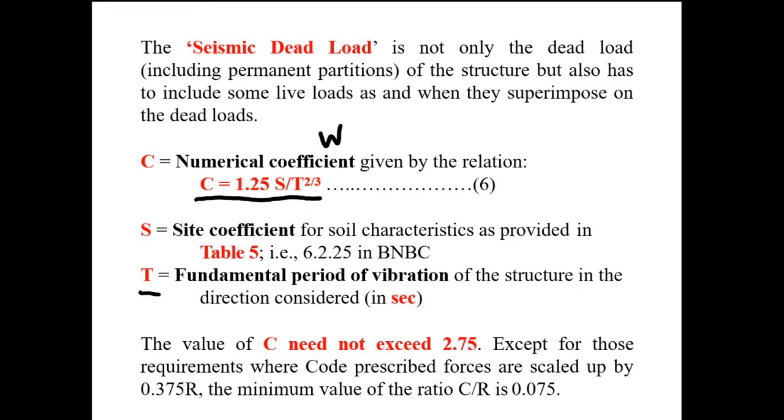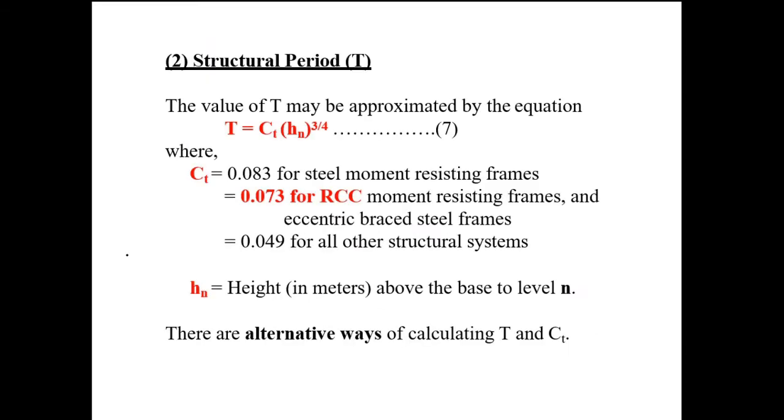In order to calculate the value of T, we need to know another formula, which is T equals Ct into hn to the power 3 by 4. By this formula we can get the value of T. Ct is the coefficient for different frames or different structural systems.